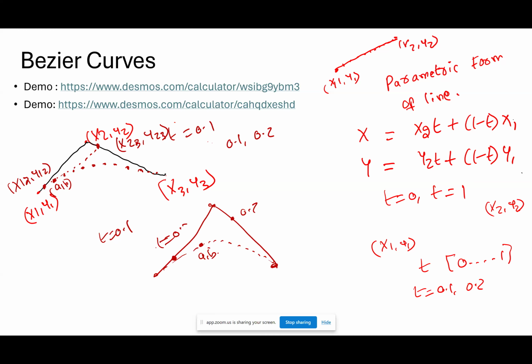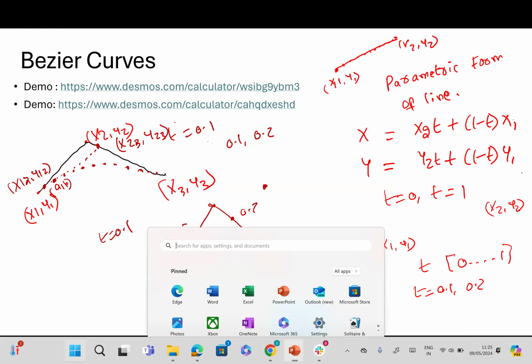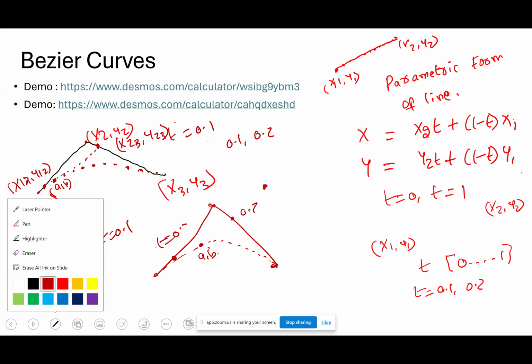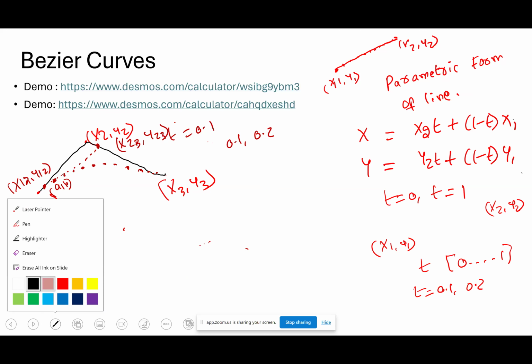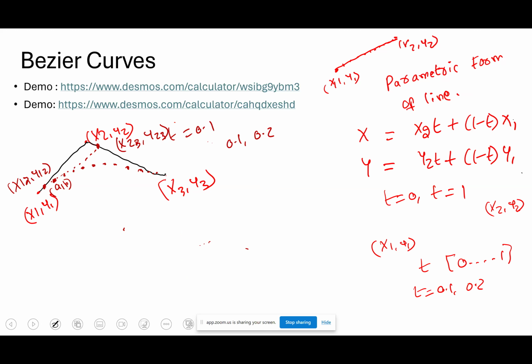So for cubic we will have 4 points. For cubic we need 4 points, point 1, point 2, point 3, point 4, and there you will interpolate between these 2 points, interpolate between these 2 points, and interpolate between these 2 points.